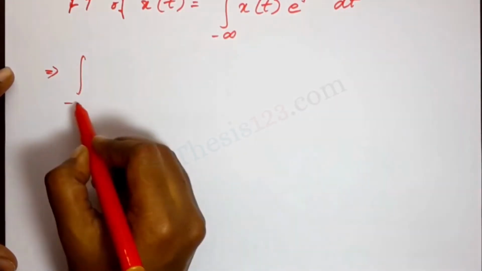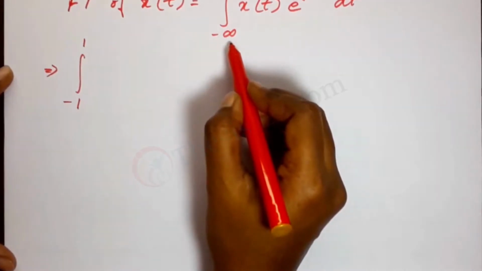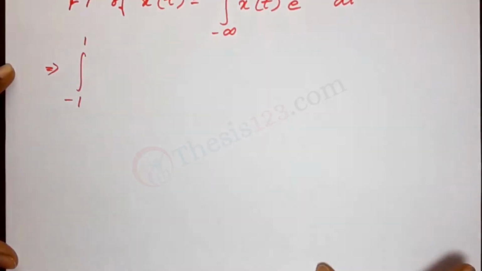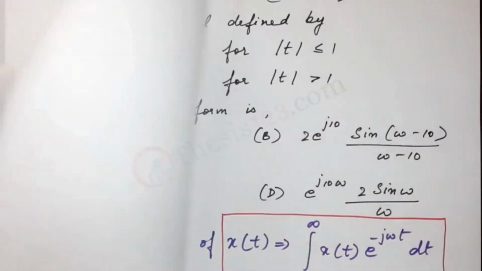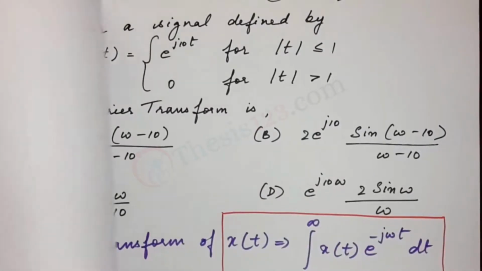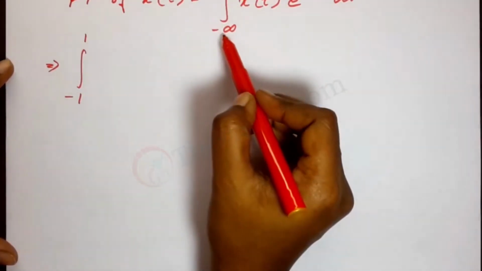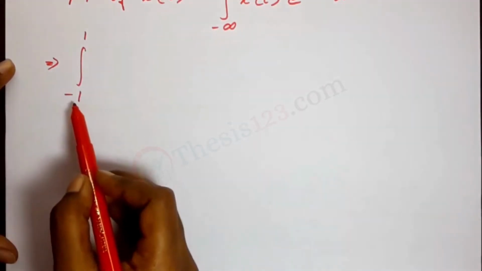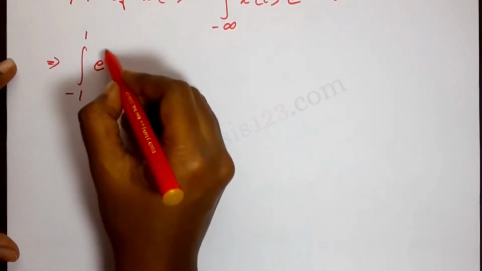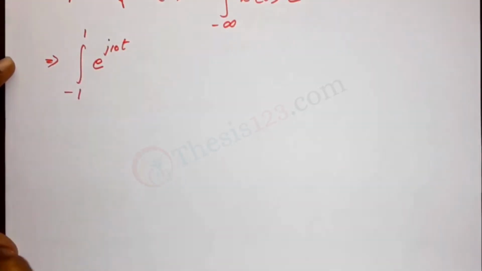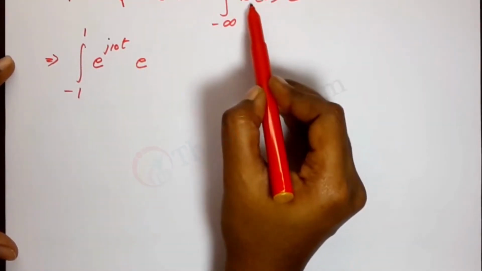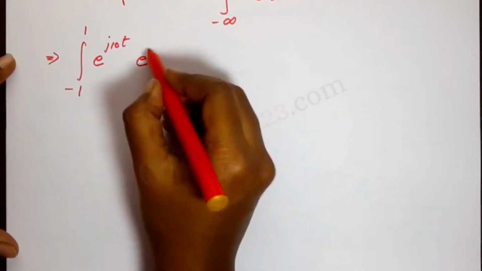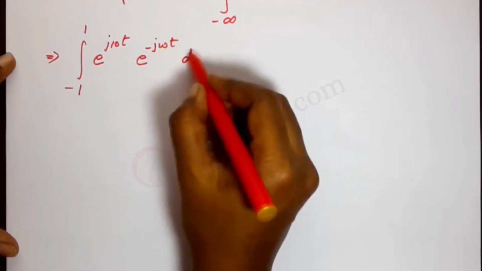We now have minus 1 to 1. So we are changing the limits because of what's given to us in the question. Again, it's given that mod t is less than or equal to 1, isn't it? So the limits from minus infinity to infinity would then become minus 1 to 1. e power j 10t into, so x of t is e power j 10t. Now we write down the rest of the equation as it is. Minus j omega t dt.